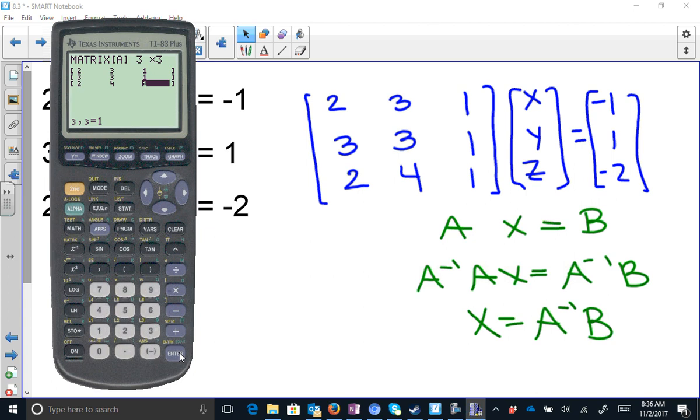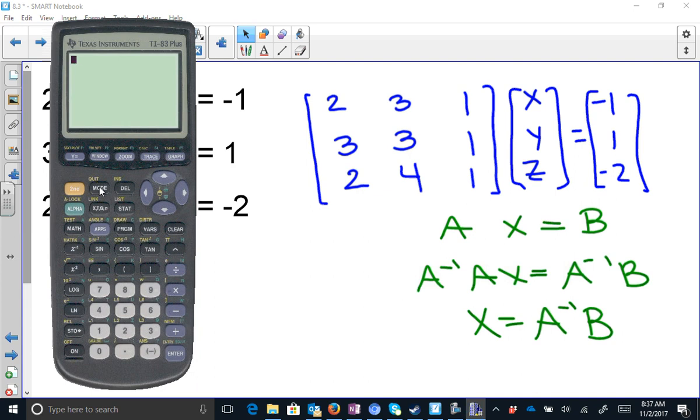Then you're going to go back into your matrix menu and edit B to be what kind of a matrix? 3 by 1.